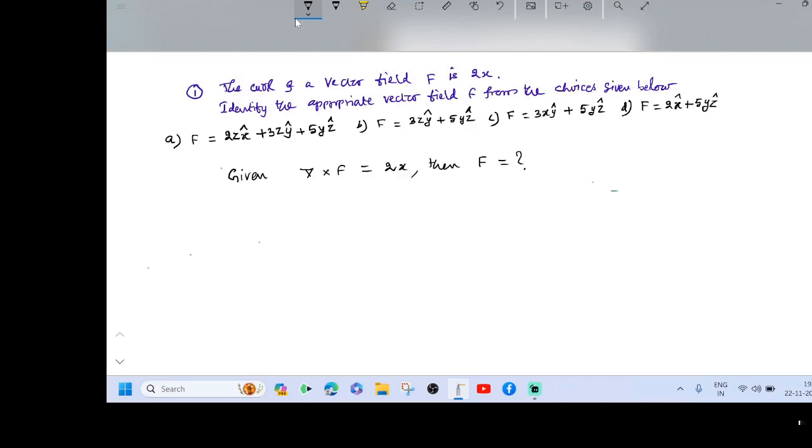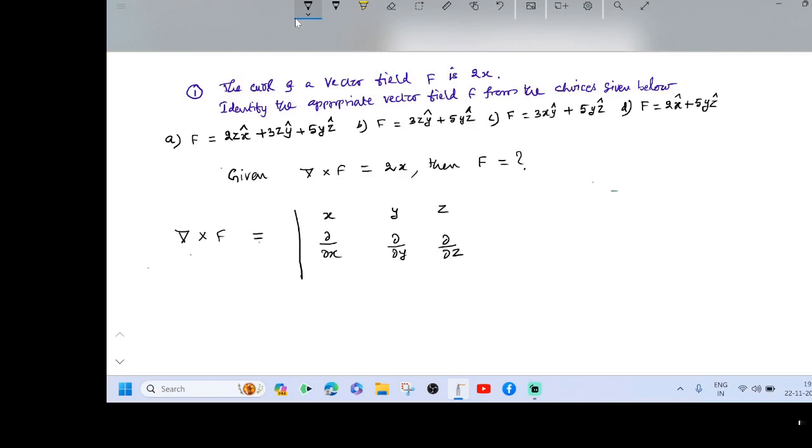Now among the four options we have to select one option. So select this option B. Curl f equal to determinant of x, y, z, then dou by dou x, dou by dou y, dou by dou z.